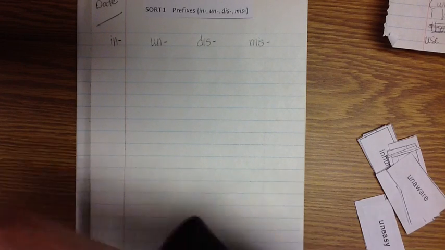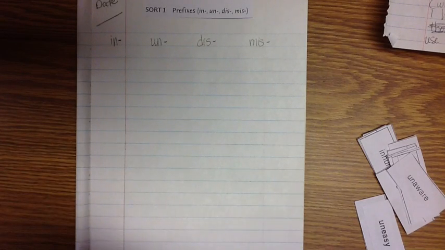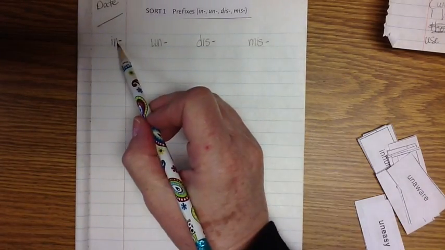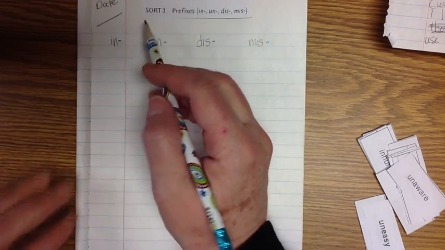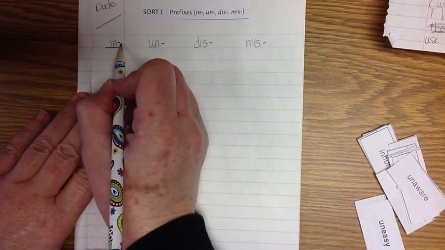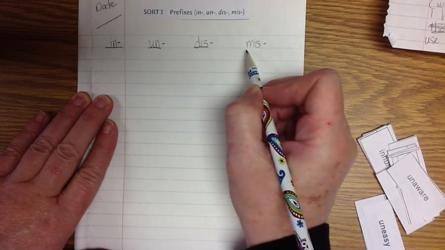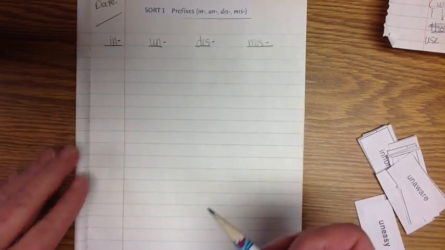Now, we are working with prefixes, so what that term means, if you have forgotten, is the units added to the beginning of the word. That's why there's a hyphen here: in goes in front of the word. Un goes on the beginning of the word, dis goes on the beginning of the word, and so does miss.